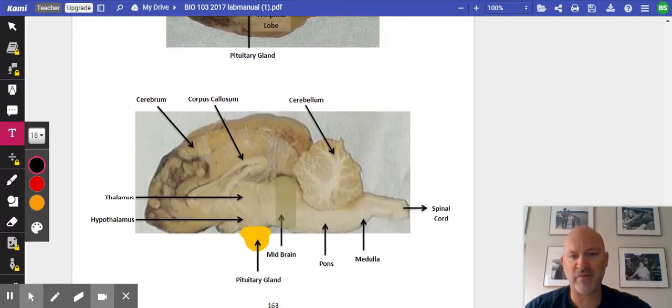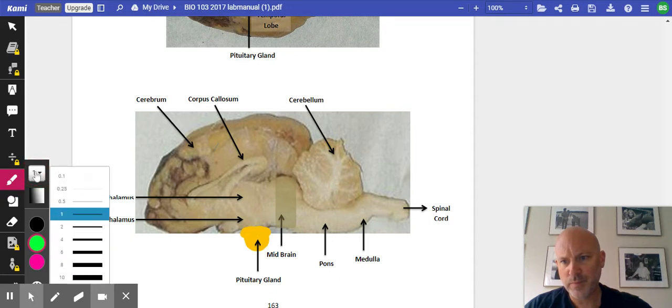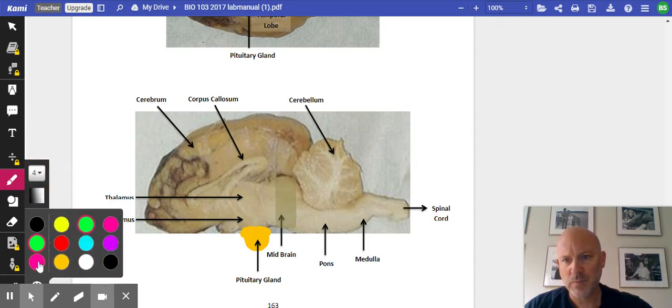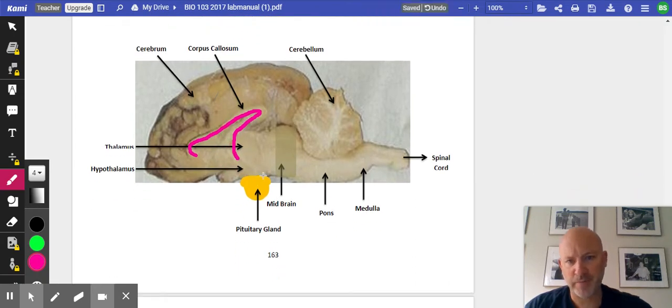All right, so this is looking from the side. This is a lateral view here. We have the corpus callosum. The corpus callosum is this structure right here. Very easy to find. Looks like a big question mark. The hypothalamus would sit out front over here.